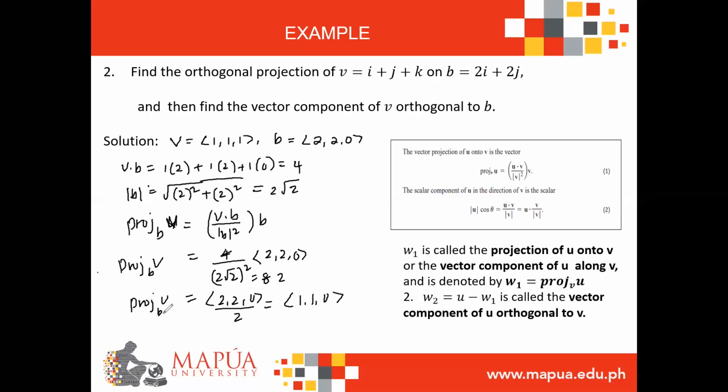Now defining the vector component of v orthogonal to b, we have this as the formula.